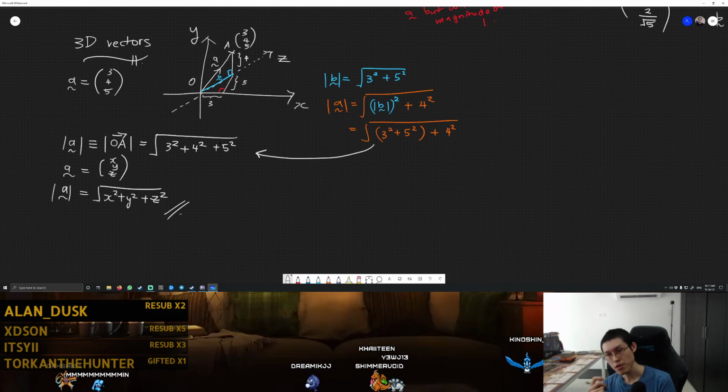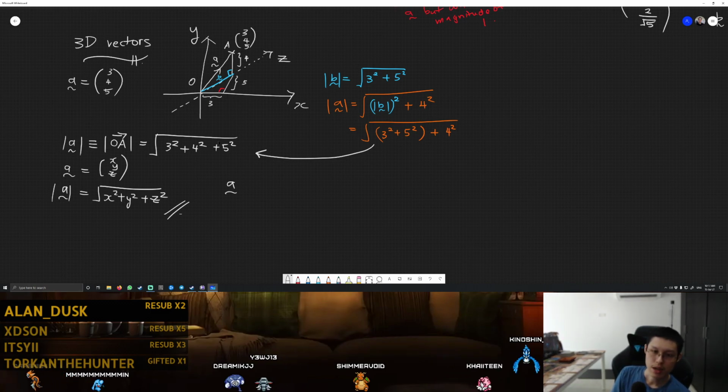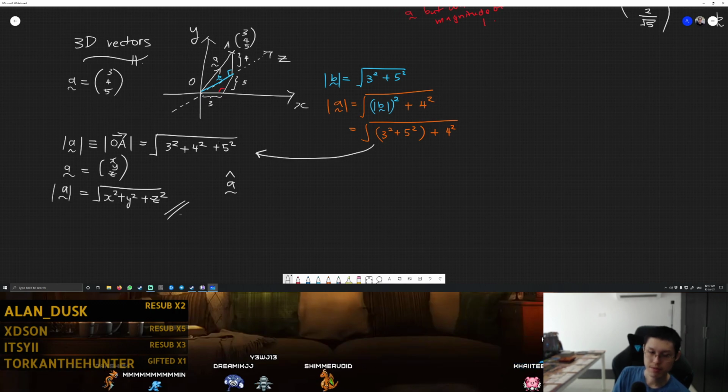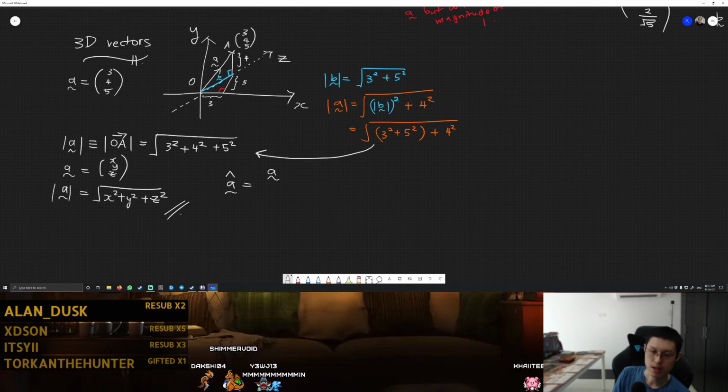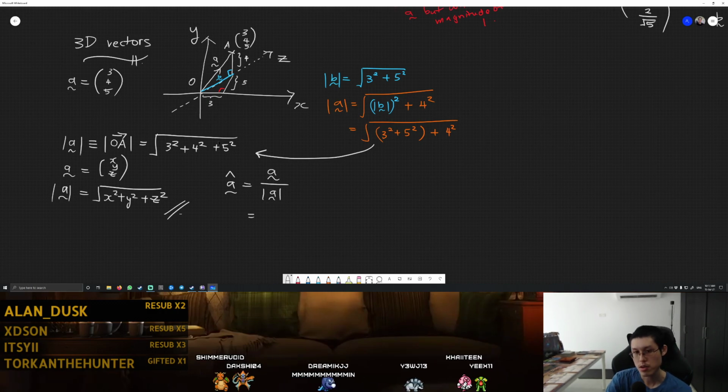Next, we're going to try to find the unit vector of a three-dimensional vector. So the unit vector of A, we're going to take 3, 4, 5 as our previous example here. The unit vector of A, again, is the same thing: you take the vector A, divide by the magnitude of the vector A. So the magnitude of our vector A, what's that going to be?